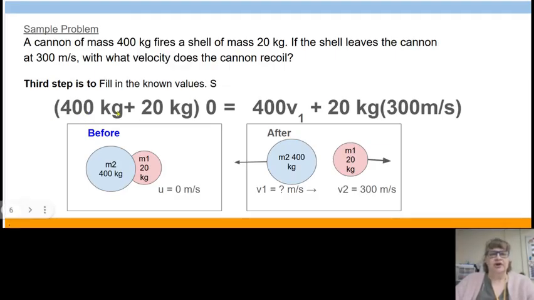Okay, so we're starting with 400 kilograms of the cannon plus 20 kilograms of the shell moving at 0 meters per second. Okay. Afterwards, I have the cannon, 400 kilograms, times the velocity of the cannon moving backwards, plus the 20 kilograms of the shell times the 300 meters per second that the shell is going.